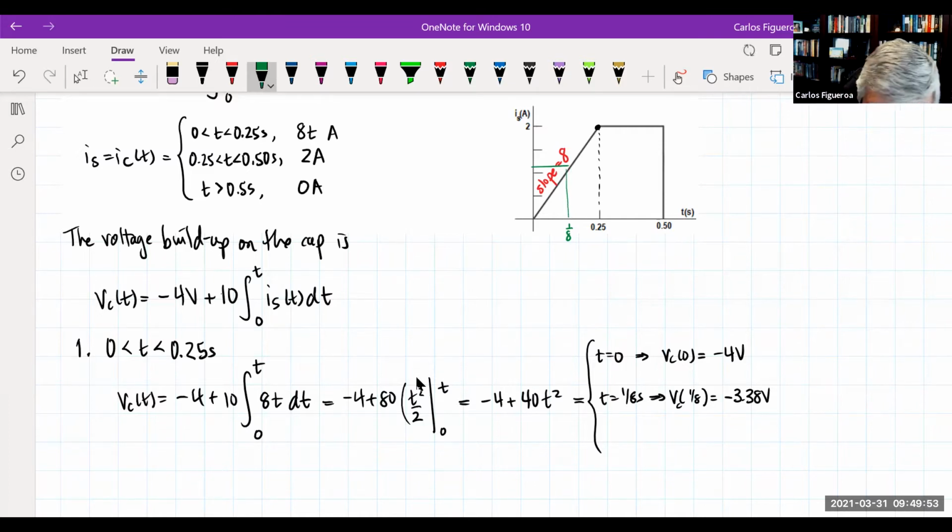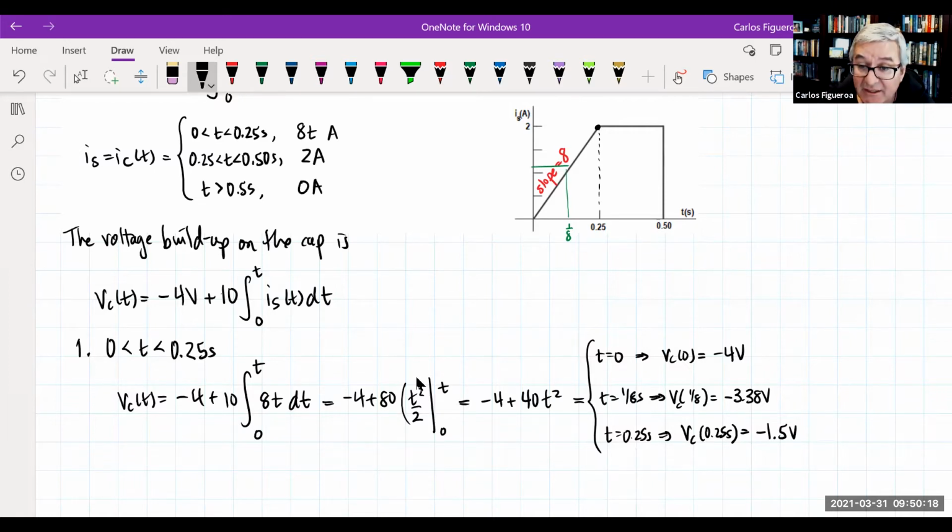And then as I continue to charge, when I get to 1/4 of a second, at t equals 0.25 seconds, you're going to get a value of minus 1.5 volts.